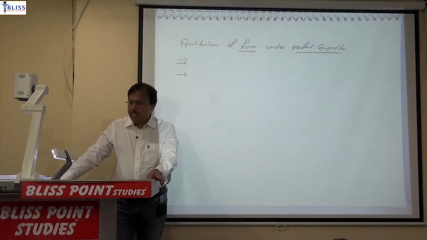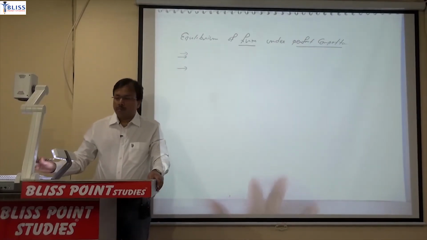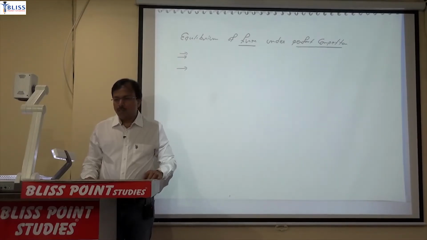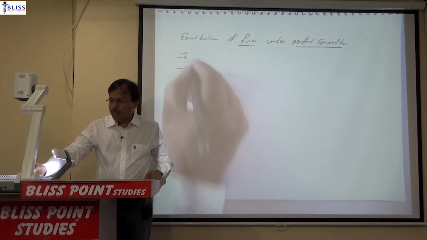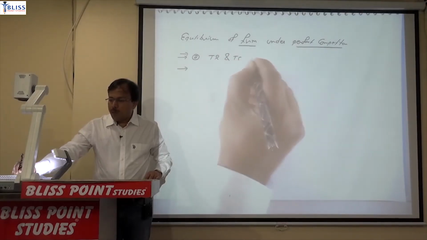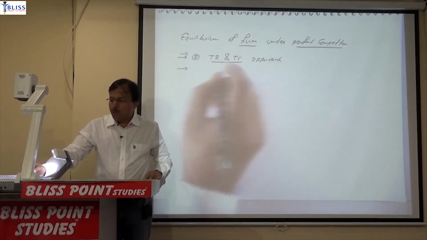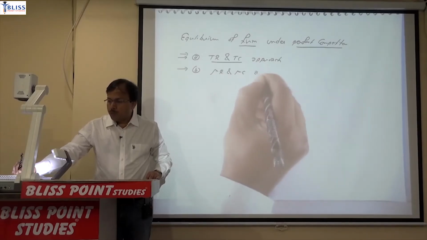Next paragraph. Equilibrium of firm can be shown graphically in two ways. One, TR and TC approach, and second, MR and MC approach.